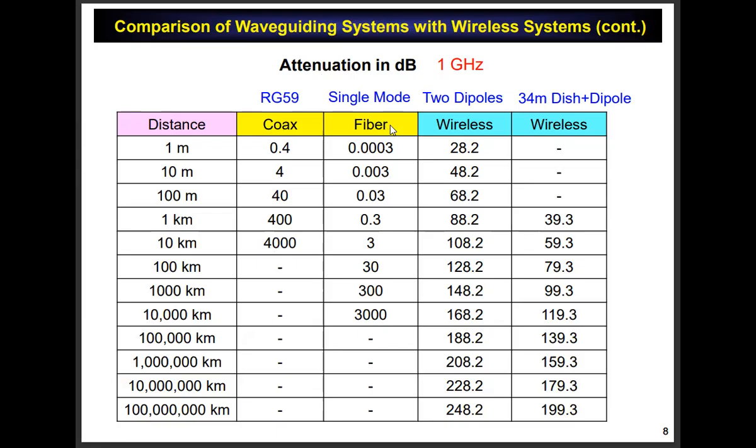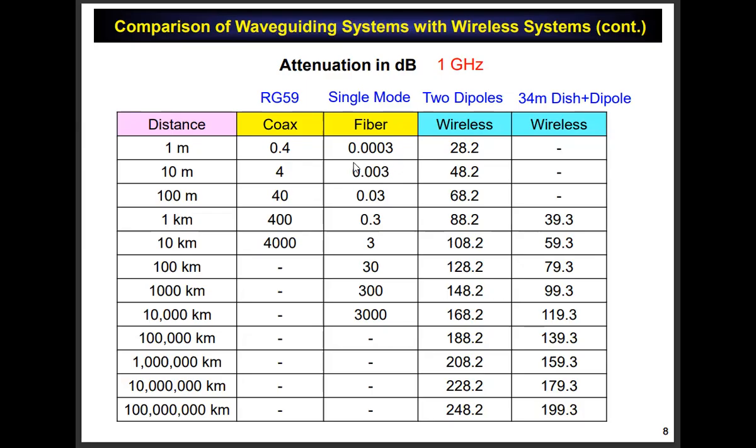This one is a much lower loss system than a coax. It's a high quality fiber optic transmission line. Now, there are two types of fibers, one called single mode, one called multi-mode. Maybe we can talk about that later. I think we will later in the notes in the semester. Don't worry about it for now. But single mode fiber is the highest quality fiber you can get. So it's a very high quality fiber optic. Okay, look at how the numbers are much, much smaller, right?